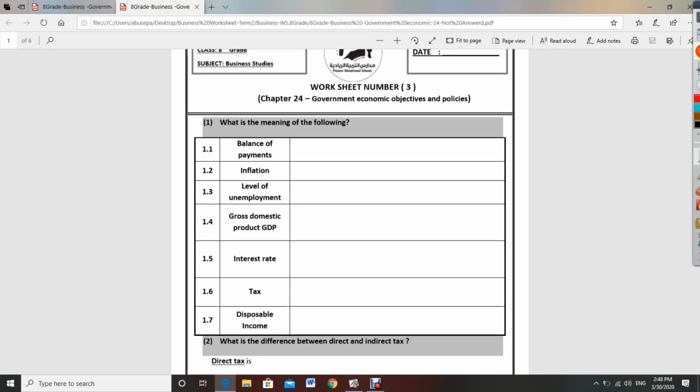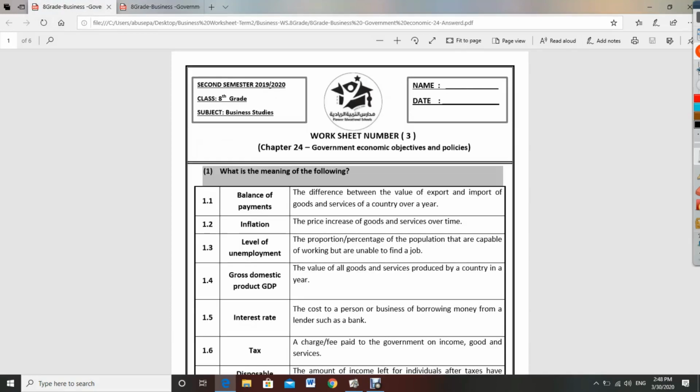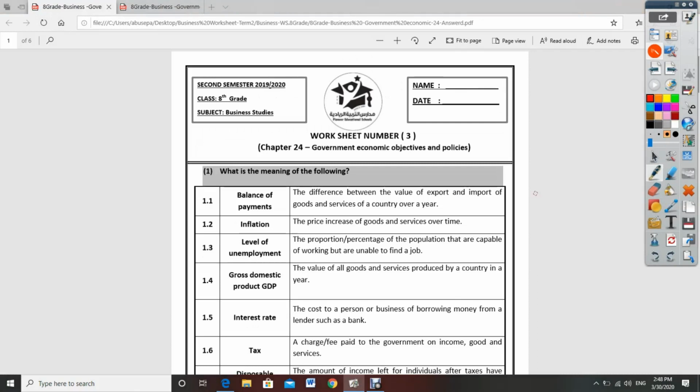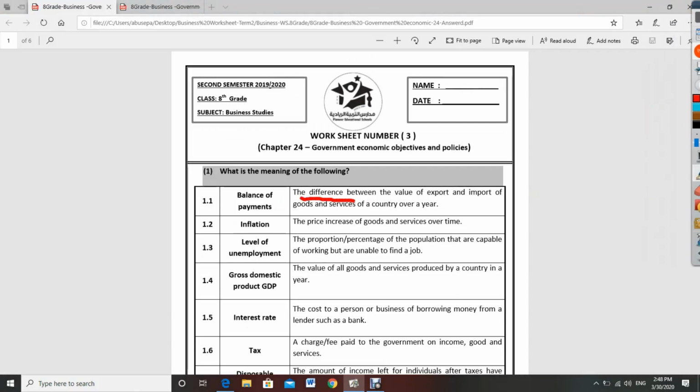The answer to the first one: balance of payments means the difference between the value of export and import of goods and services of a country over the year.